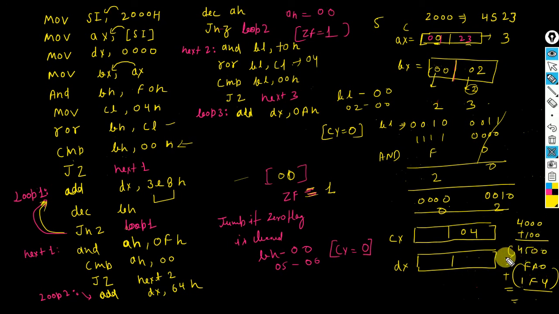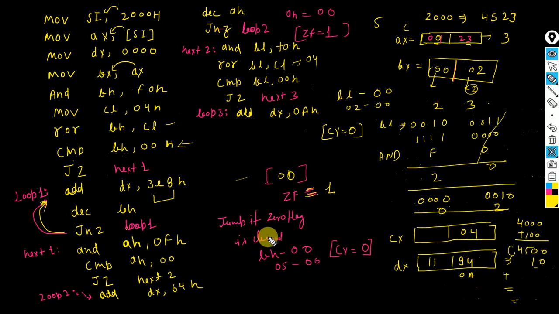Next instruction is ADD DX, 0AH, so DX content is 1194. After that we add 0A to DX. 0A means add 10 here.